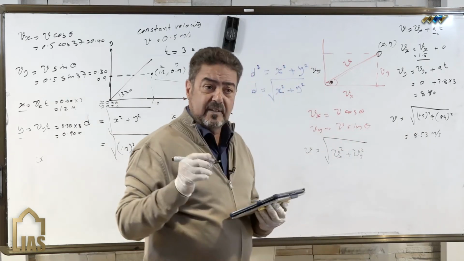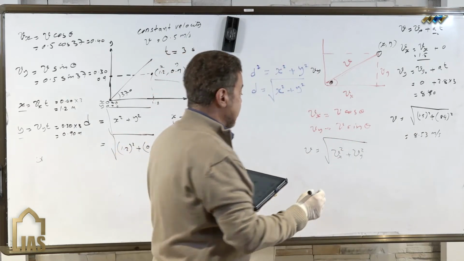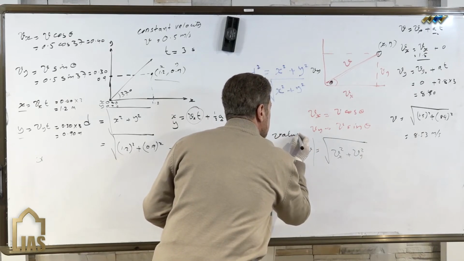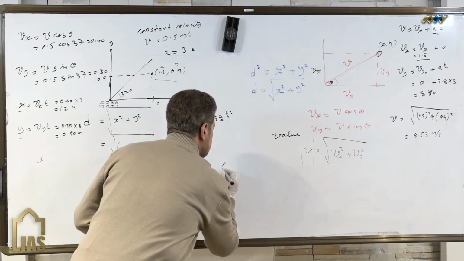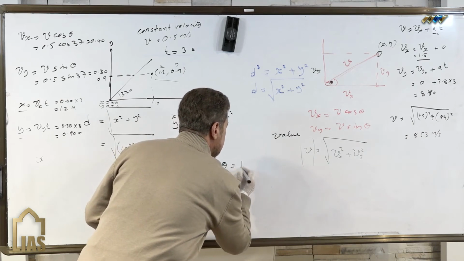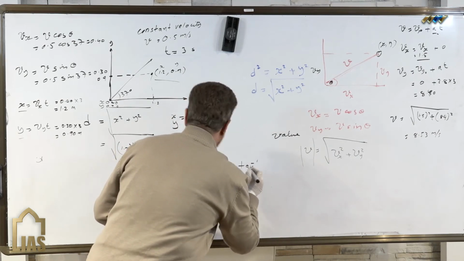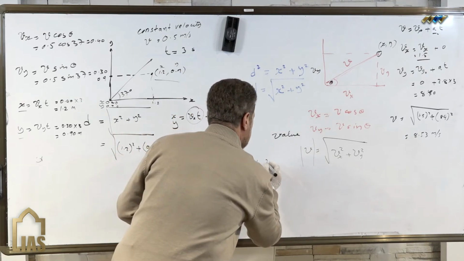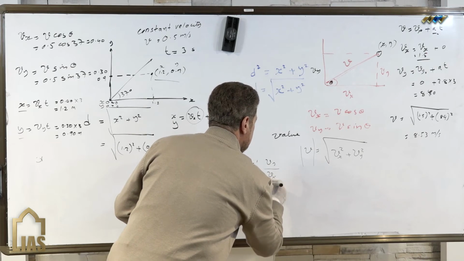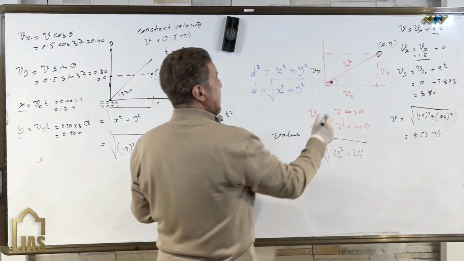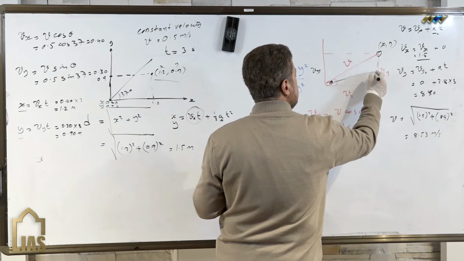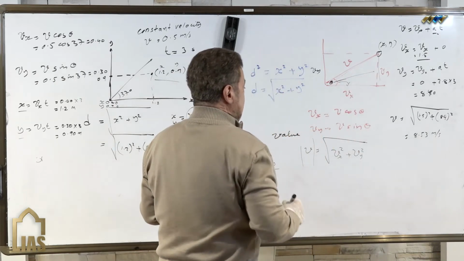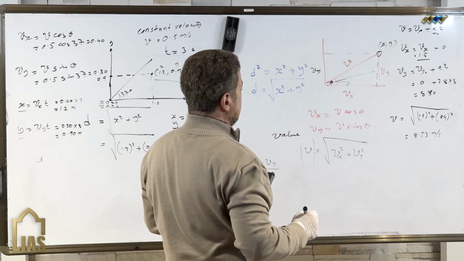Theta, because we also have to find theta. Now we are dealing with vectors. The vector has a value, this is the value, and we need the direction. Theta is tan minus 1 of Vy over Vx. Vy is facing this way, and this is the side closest to the theta.